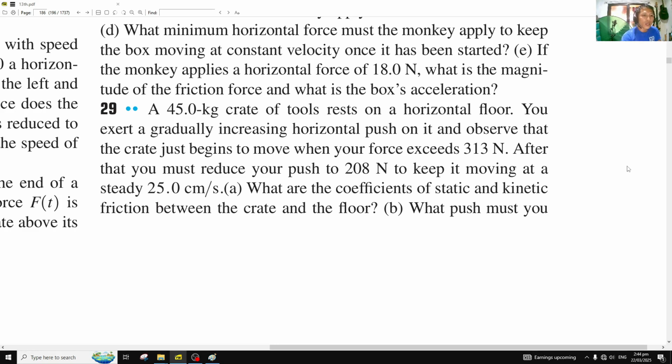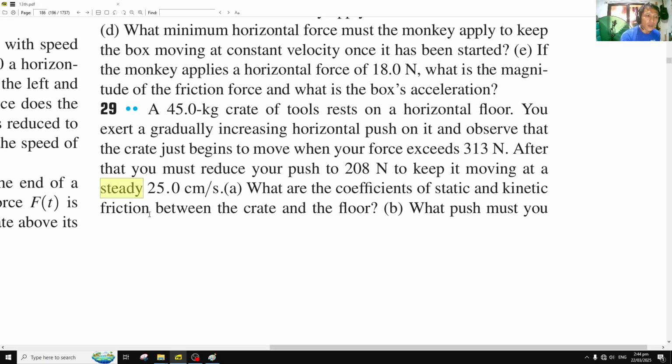After that, you must reduce your push to 208 newtons to keep it moving at a steady 25 meters per second. So take note of that word steady.